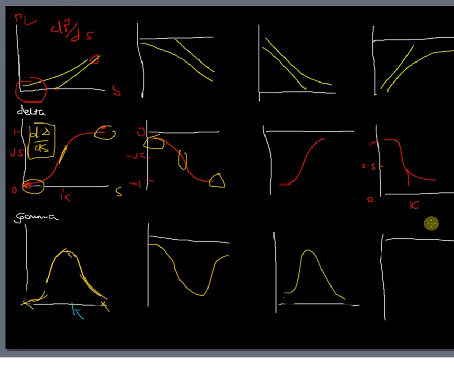And this is a negative gamma. And of course the max is at K. So from this diagram, we can see that whenever we are long an option, gamma is always positive. When we are short an option, gamma is always negative.